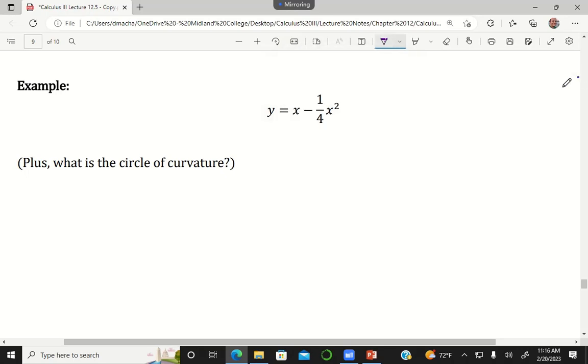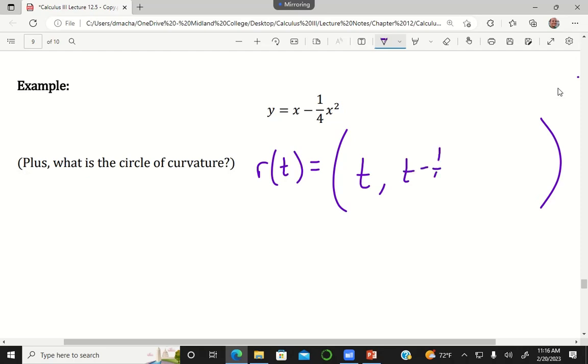So, if you were given this example, I have this function y equals x minus 1/4 x squared. So I can think of this as a parametric curve if I were to write r of t equals t for x, and then for y, I could write t minus 1/4 t squared, and for z, I could write 0.